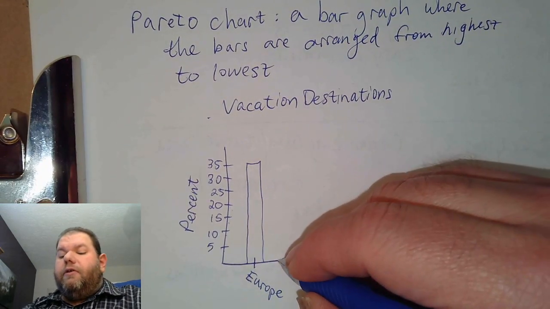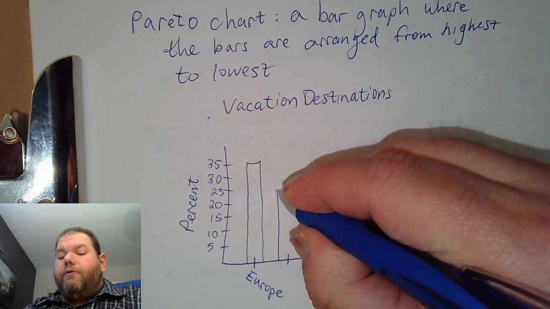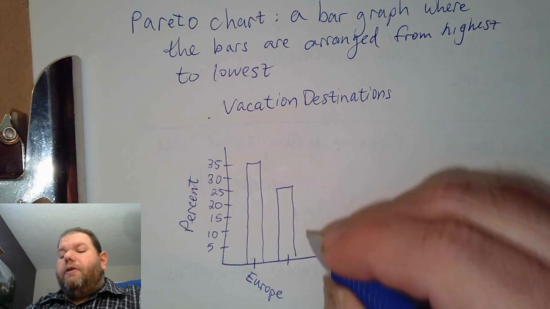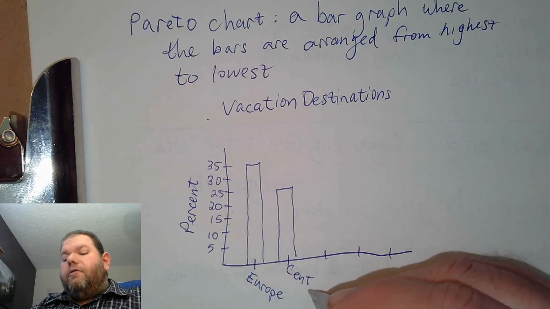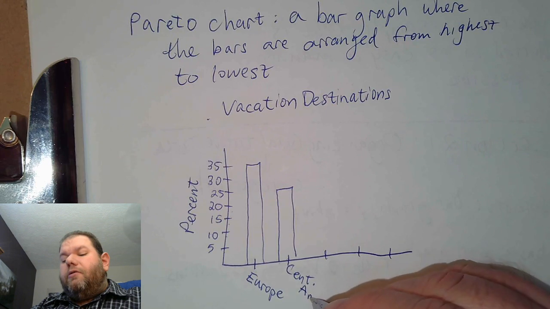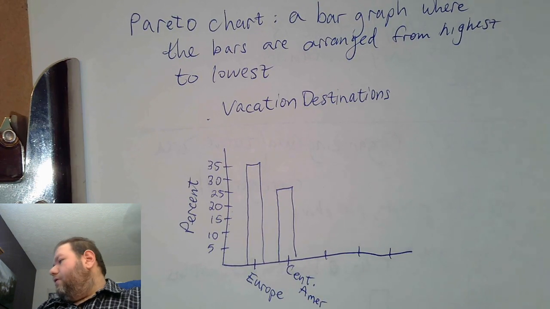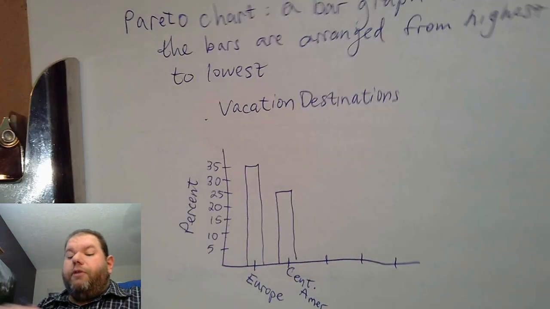After that, we had Central America. Let's go visit the rainforests of Costa Rica. That would be nice. That was 25%. After that, we had Hawaii at 20%.